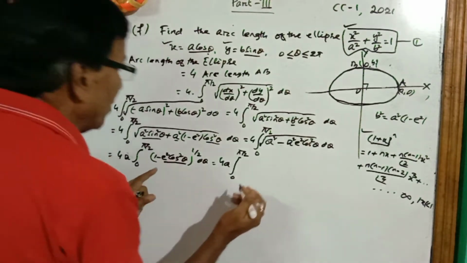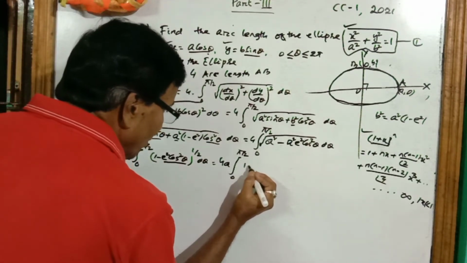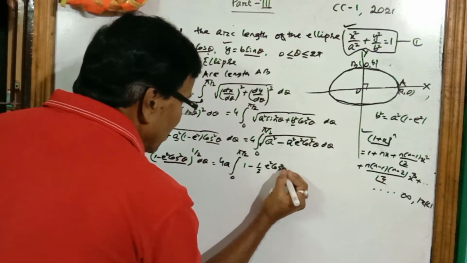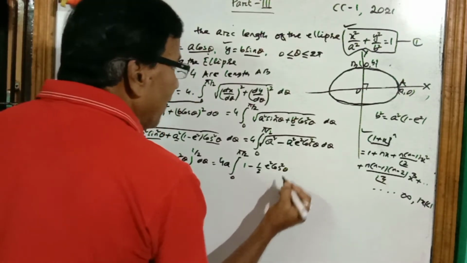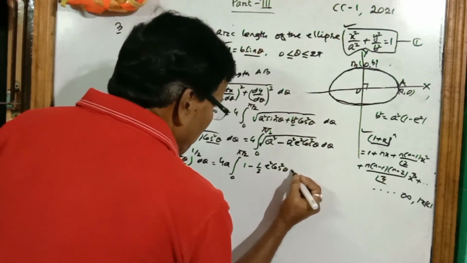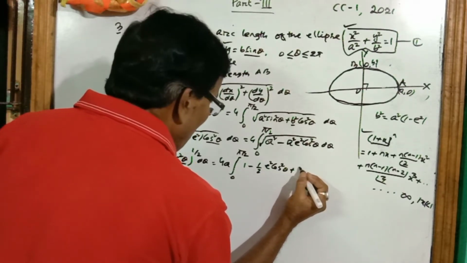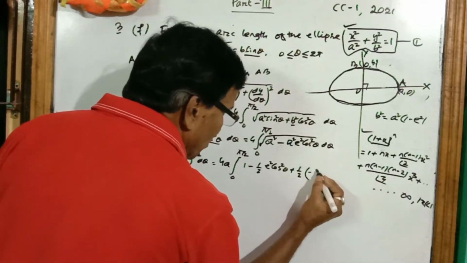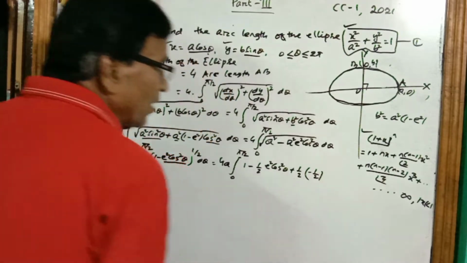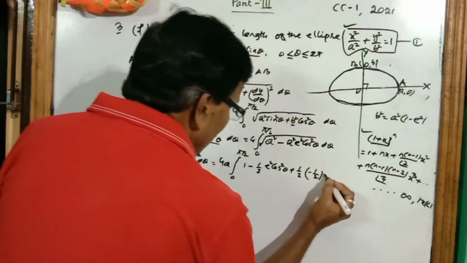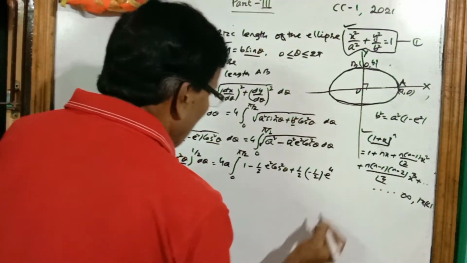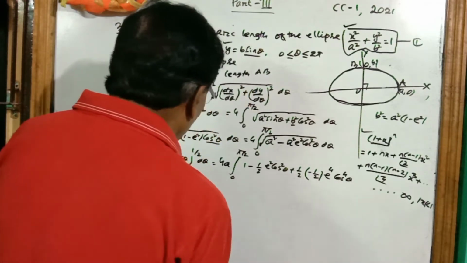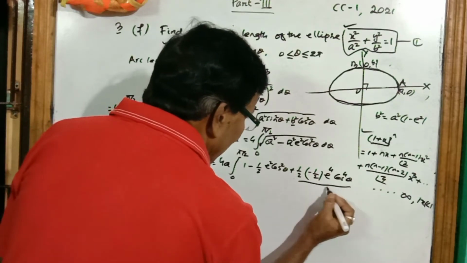So the first term is 1, minus 1 by 2 e square cos square theta, plus 1 by 2 into minus 1, that is minus 1 by 2, into x square value, which is equal to e to the power 4 cos to the power 4 theta divided by factorial 2.